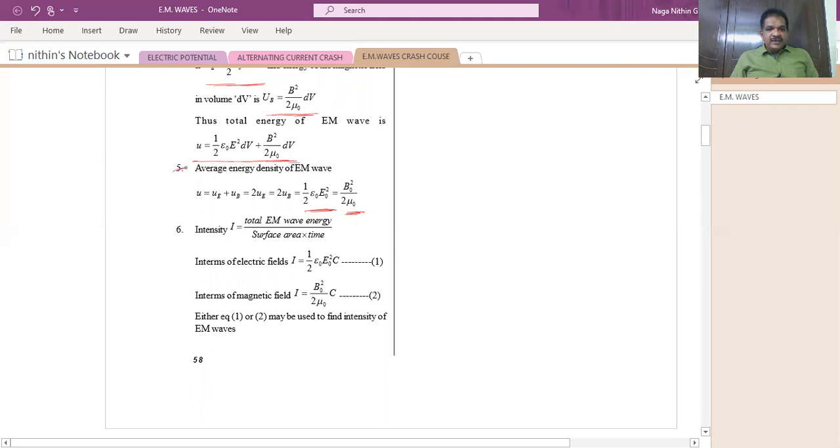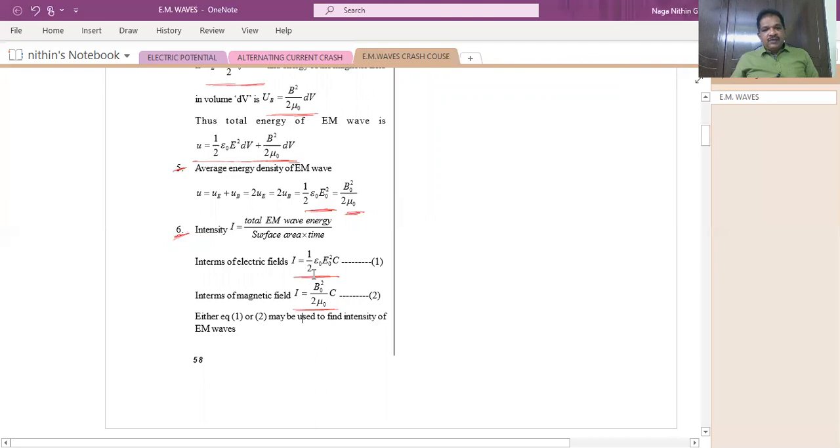Next, intensity of the wave means energy per unit area per unit time. In terms of electric field, the intensity of the electromagnetic wave will be this one. In terms of magnetic field, the intensity will be B square by 2 mu naught into c.